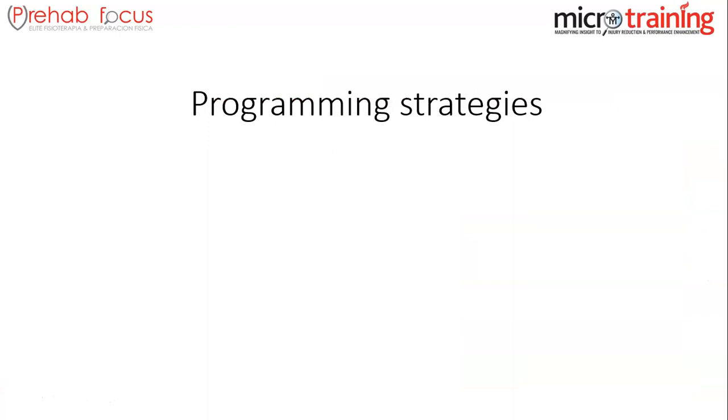Okay, programming strategies. When it comes to programming strategies, I will leave you to just read the messages here. The most important thing is that you can do almost whatever you want as long as you follow some very simple rules: from easier to more complex, simple to more complex, easier to harder.